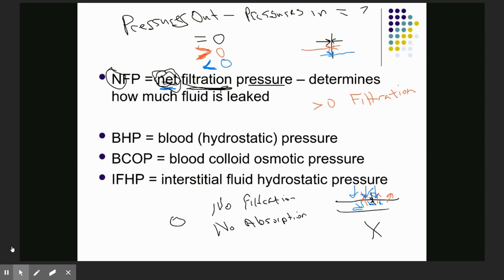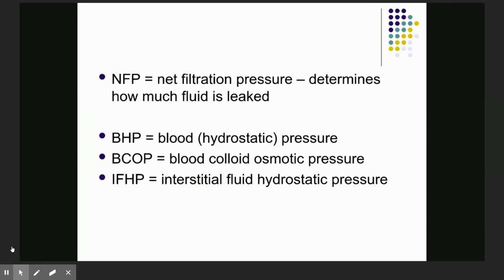It's really important that you understand if the net filtration pressure is 0, we're not going to get either one happening. No filtration is going to happen, and we're also going to get no absorption. In other words, they're pushing with equal pressure. It's not going to go either way.